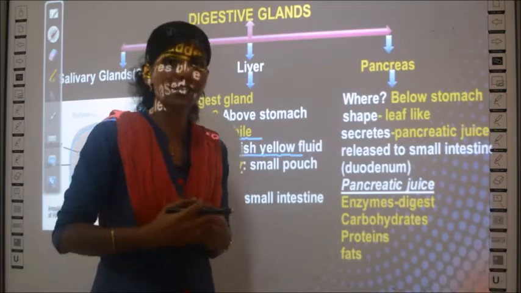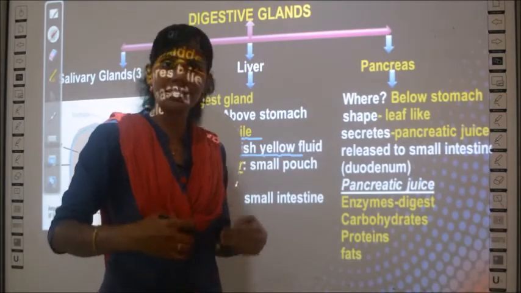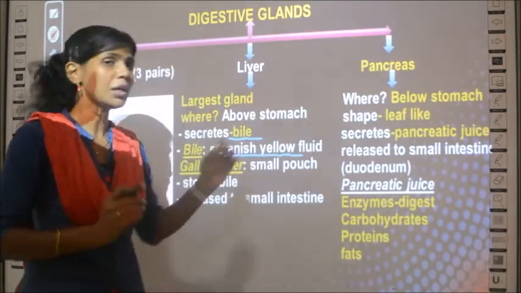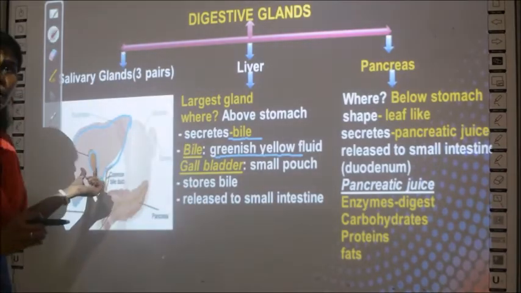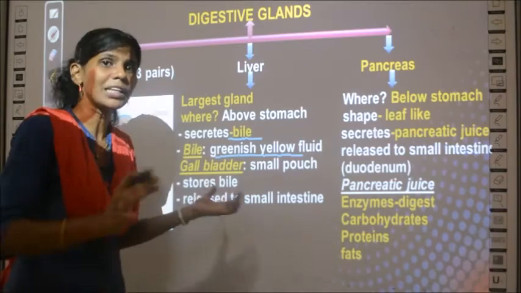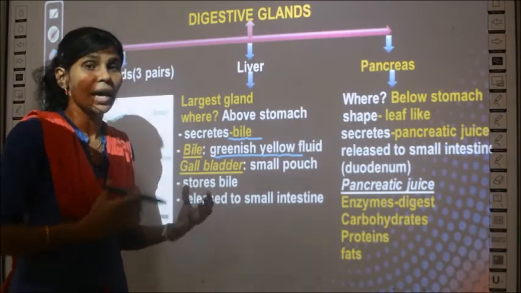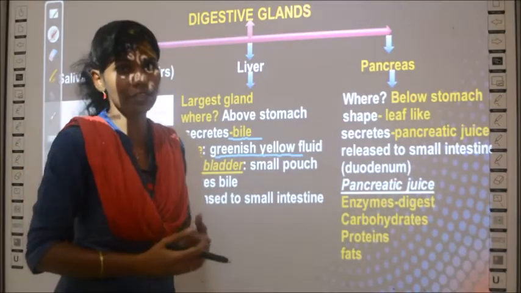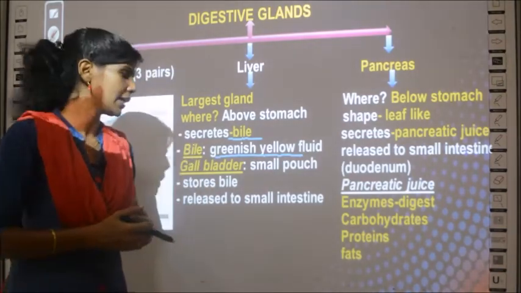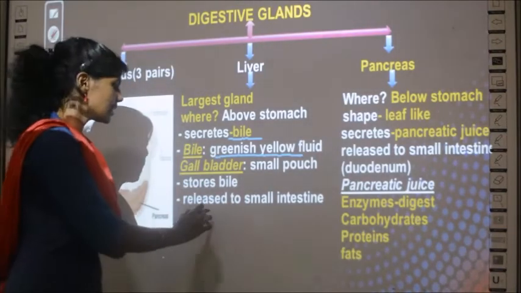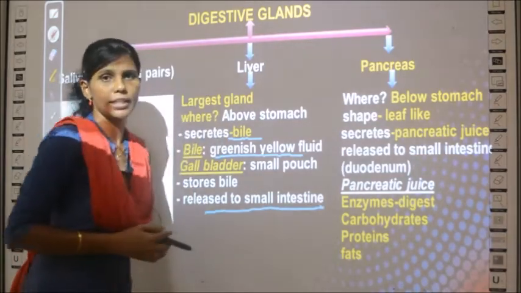So whenever your stomach and intestine has fat, the bile is released from the gallbladder. Until then, it will store the bile in the gallbladder, and whenever there is a need to digest the fat, it will release the bile into the small intestine. So that's why it is released into the small intestine.